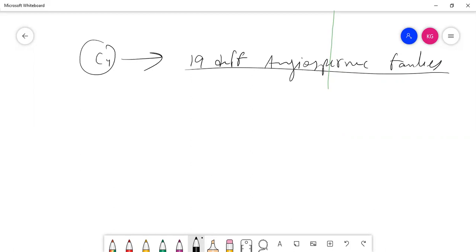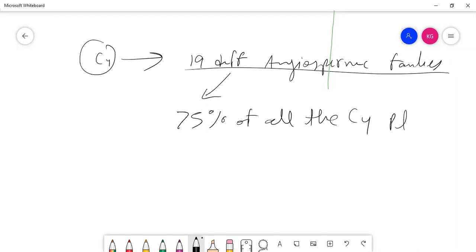And out of these 19 families, you remember the 19 families, but think about it like this: I'm giving a statement that 75% of all the C4 plants are monocots.